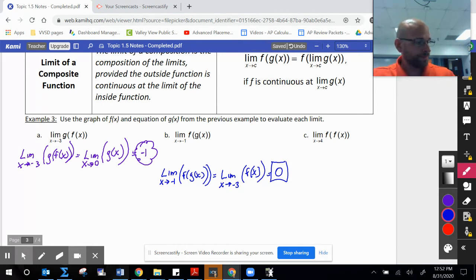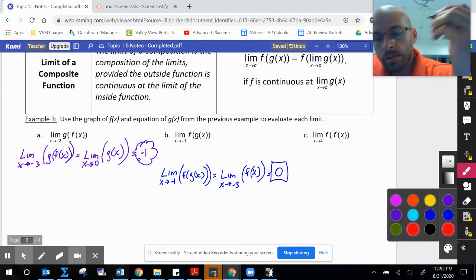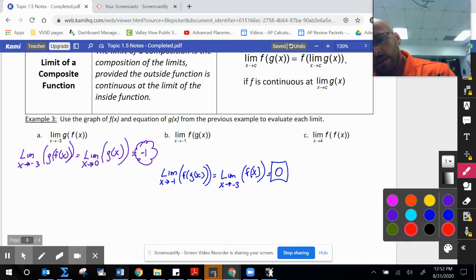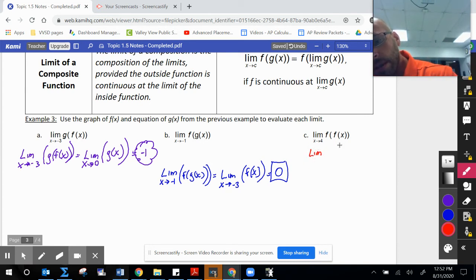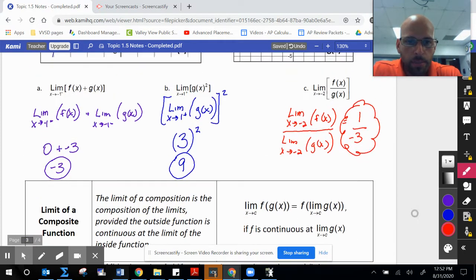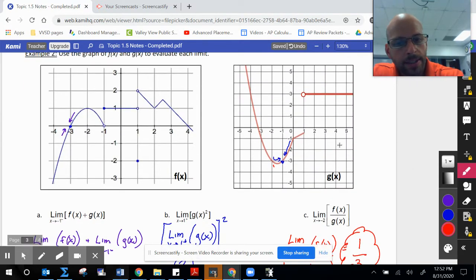So one more. I got my notes here, so bear with me. If I do the limit as x approaches 4 of f of f of x, that's the same thing as saying the limit as x approaches... Now the inner function is f, so as I approach 4 from both sides, over here, that's going to go to 0.